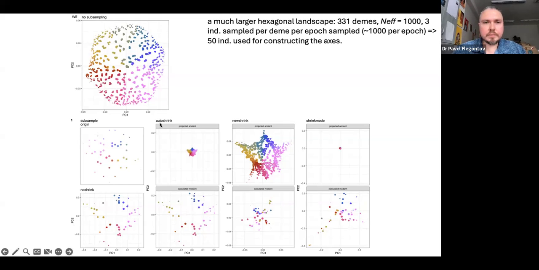For example, here in this pair of panels, we show a projection of all ancient individuals on a random subset of 50 modern individuals. So PCA for this random subset is here.